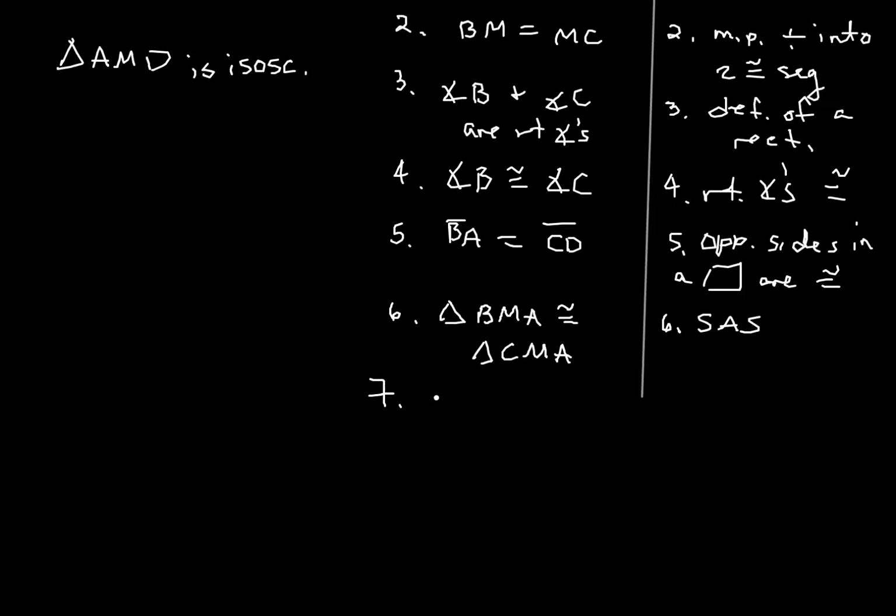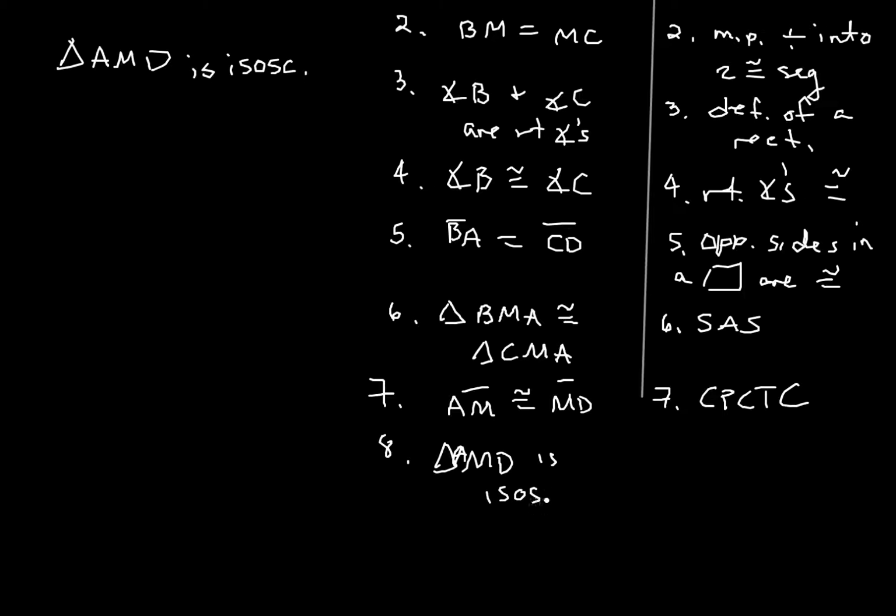Then we can say AM, I'm going to go back up and show you, AM is congruent to MD, and that would be by CPCTC. And finally, we can say triangle AMD is isosceles, if two sides of a triangle are congruent, then isosceles.